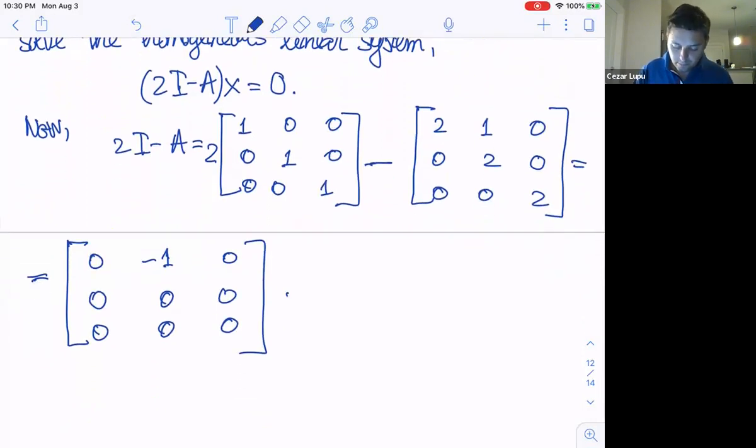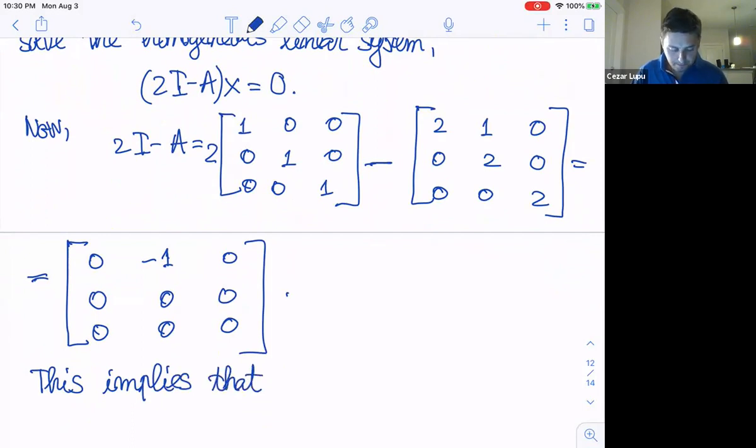Well, this implies that if we set up the parameters, let's say x1 to be an s, and x3 to be a t, with s and t real numbers.